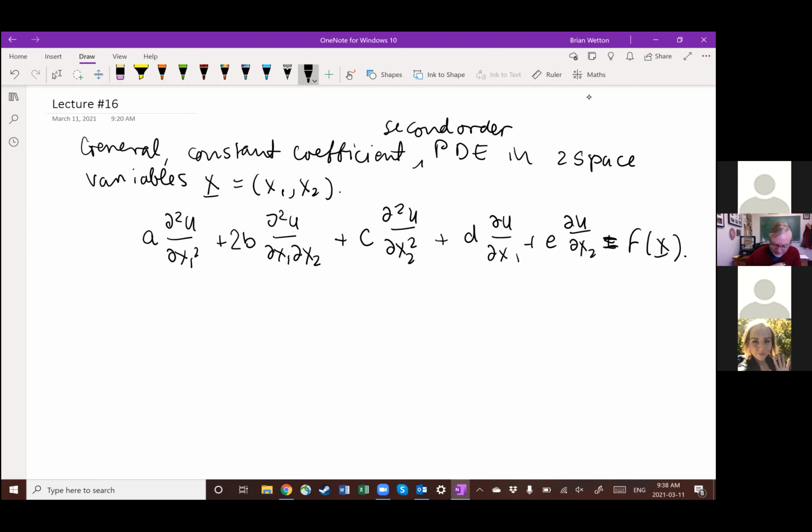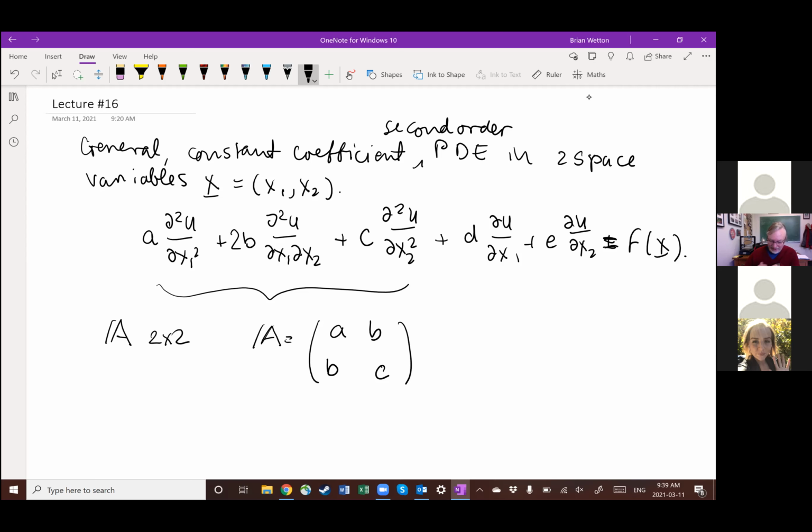Okay, so I'm going to make a matrix to describe these terms. I'm going to have a matrix A, which will be 2 by 2, right? And my matrix is going to be the matrix with entries A, C and B and B. This is where the two B's are going to come from.